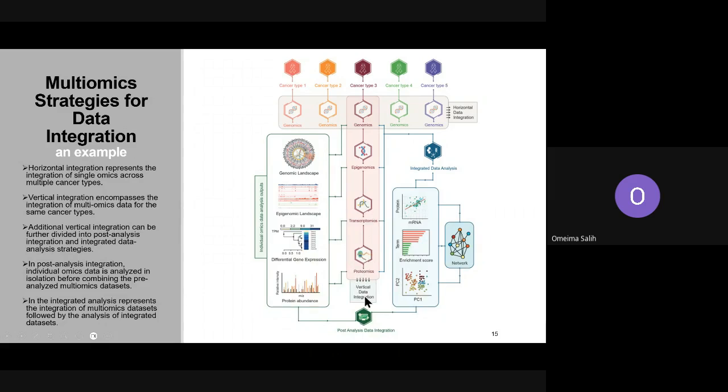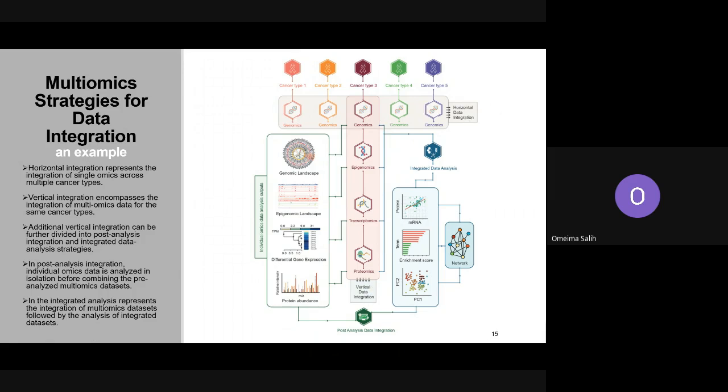So vertical data integration means they are using genomics, epigenomics, transcriptomics and proteomics. What we mean by horizontal and vertical depends again on your study, the research question. But this is what we mean by horizontal and vertical data integration.